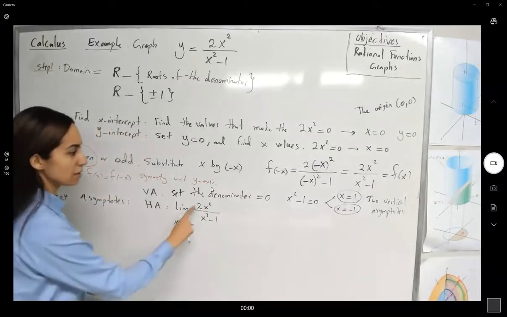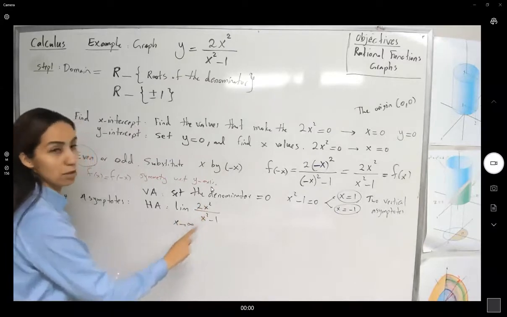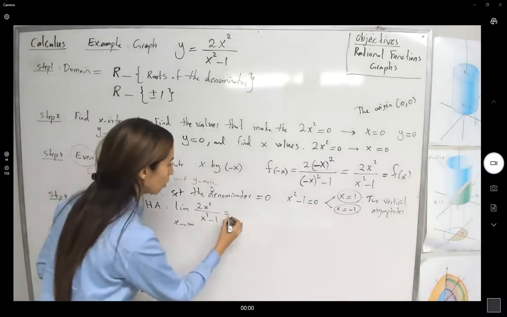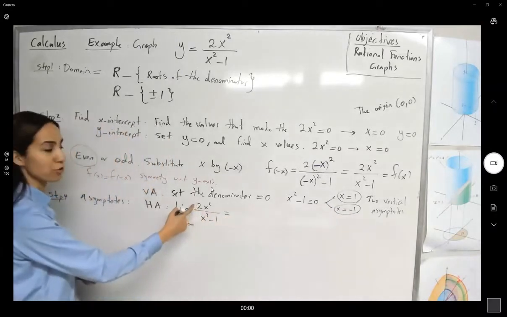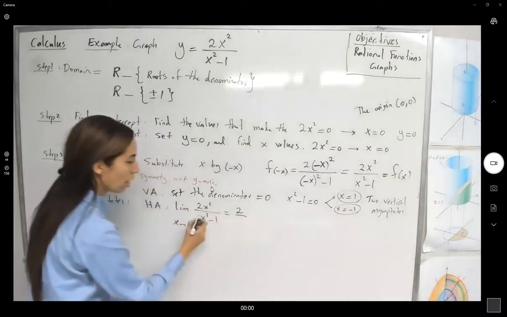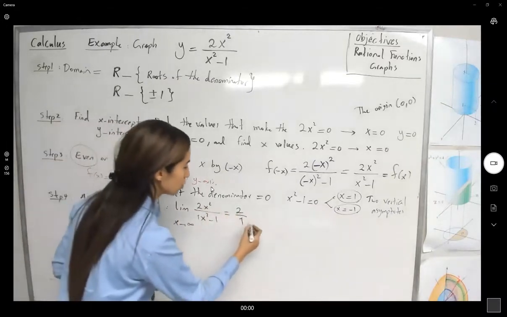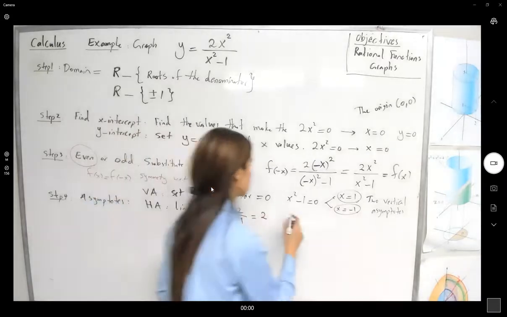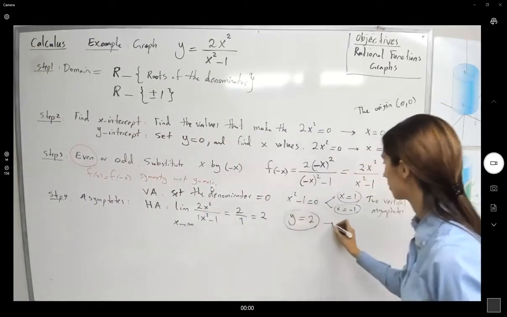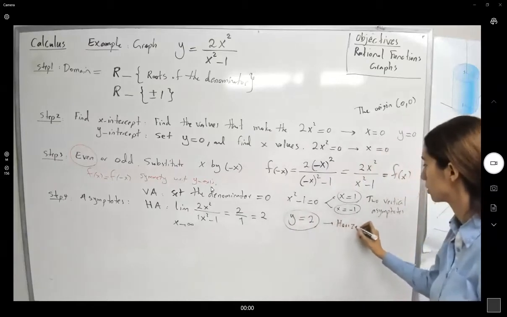Remember that since the degree of the numerator and the denominator are the same, the horizontal asymptote is equal to the leading coefficient of the numerator divided by the leading coefficient of the denominator. 2 divided by 1 is 2. So y equals 2 is the horizontal asymptote.